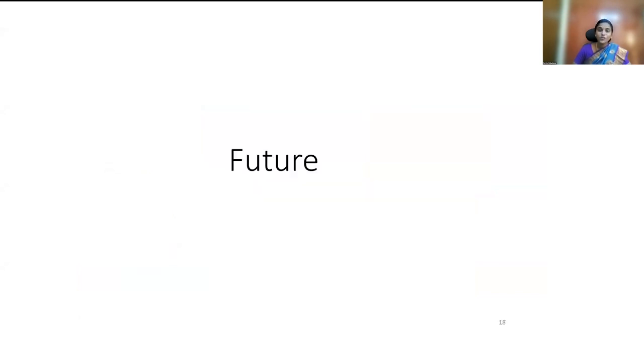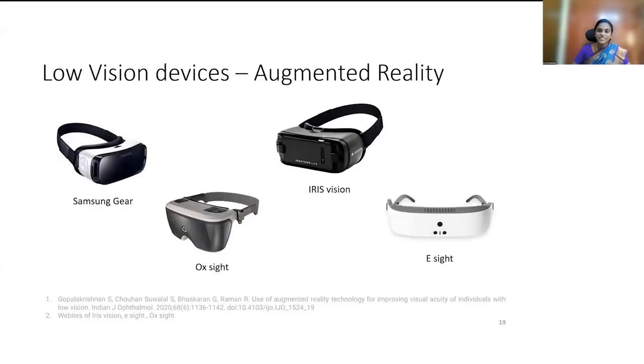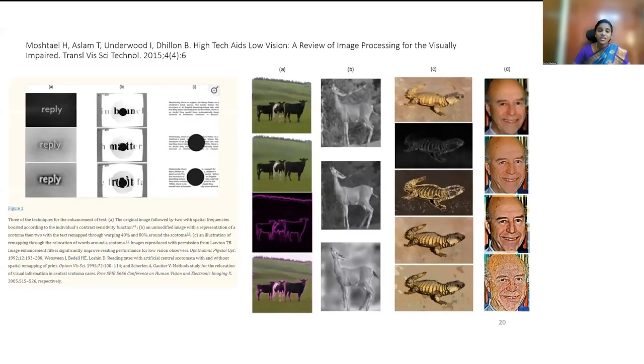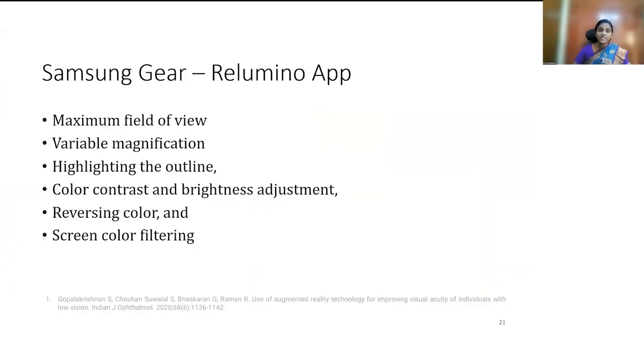The future holds a few good possibilities for augmented reality and virtual reality devices. Augmented reality devices, a few of which I have listed here, are very useful in improving contrast, augmenting the vision by enhancing the contour, and increasing the maximum field of view because of the wearable model.